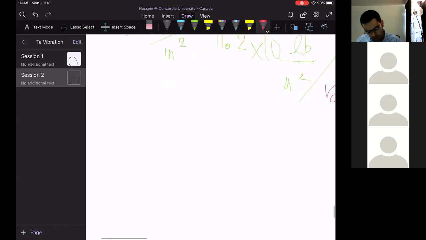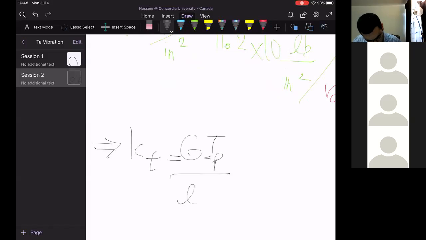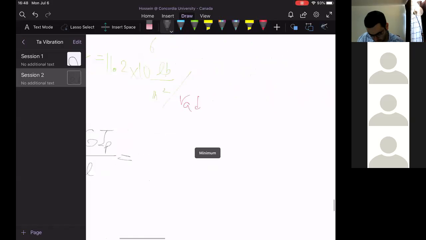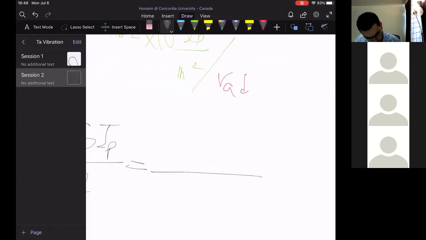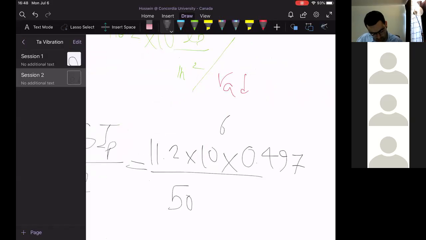So therefore, KT is G IP over L. G is 11.2 multiplied by 10 to the power 6, multiplied by calculated IP as 0.497, over L. L was 50 inch, right?